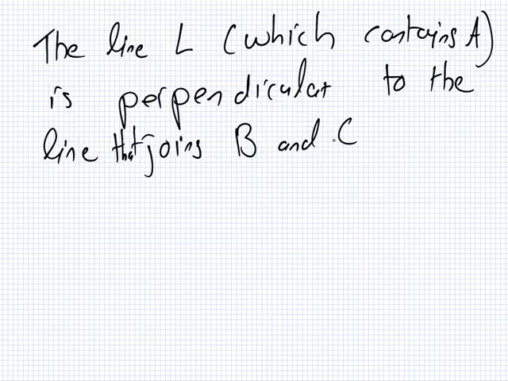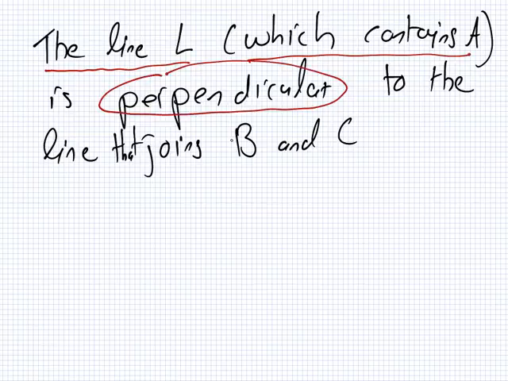So we have the line L again, which contains A, but this time is perpendicular to BC. So can you draw? I want to see what you draw.